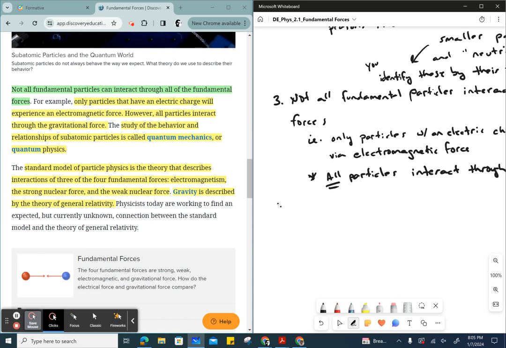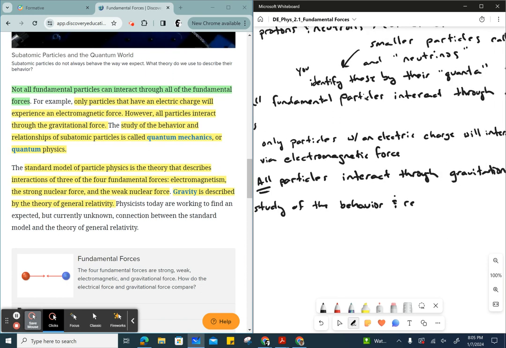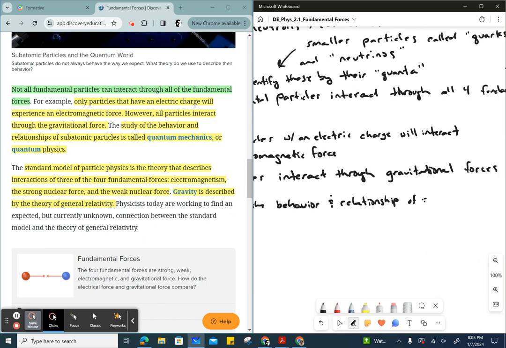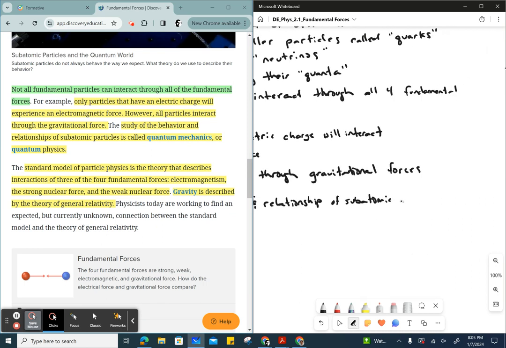Okay, number 4. The study of the behavior and relationship of subatomic particles.